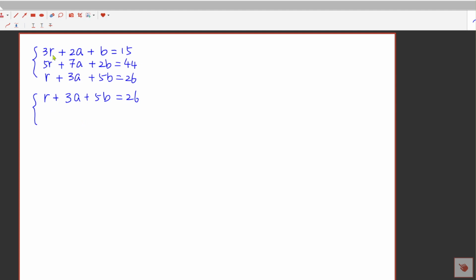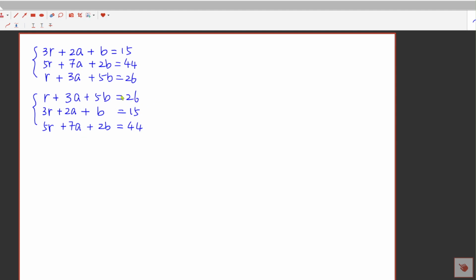And then in the previous step, the first one becomes the second one in the second step, right? So 3r plus 2a plus b equals 15. And then 5r plus 7a plus 2b equals 44, right? So simply change the position of the equations. This does not change the solution set, right?